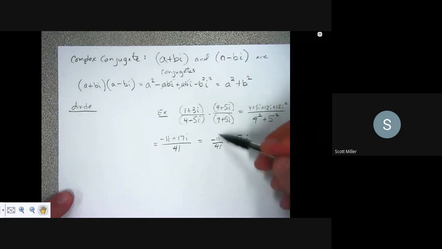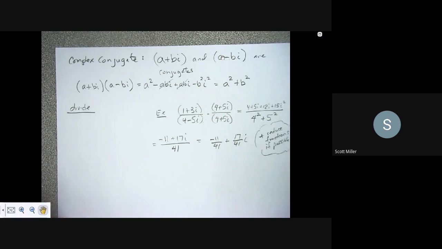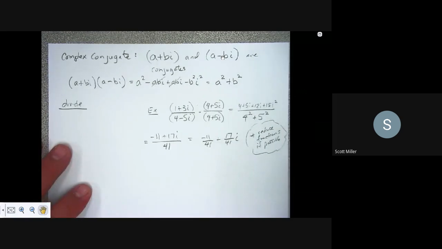If any one of these individual fraction pieces can reduce, you need to reduce it also. Little note to yourself, reduce fractions if possible. And that's how you divide complex numbers. So that's what you're going to be doing today in your homework and stuff. I'm going to stop the video right there.